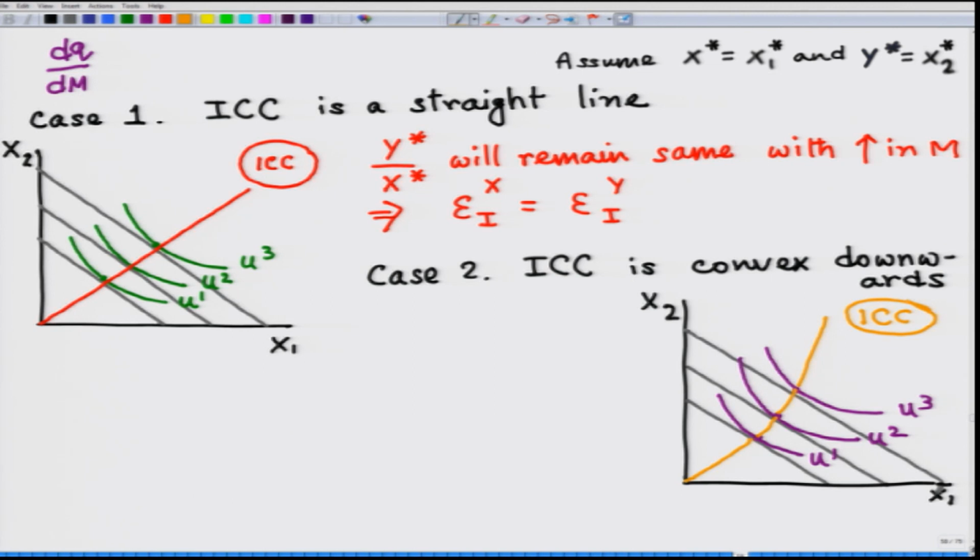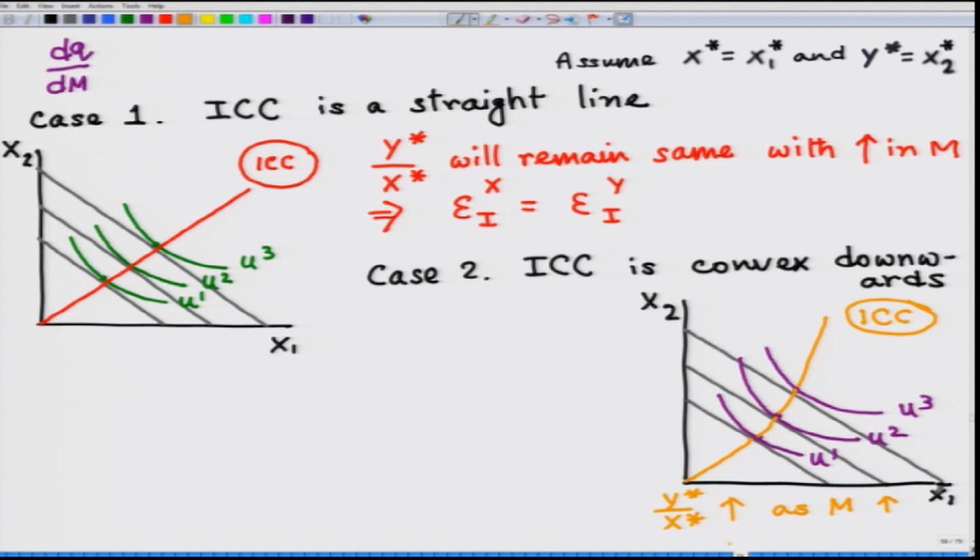Now, what will guarantee that kind of a shape? So, in this case, we observe that the ratio of optimal consumption of y and optimal consumption of x is increasing as money income increases.